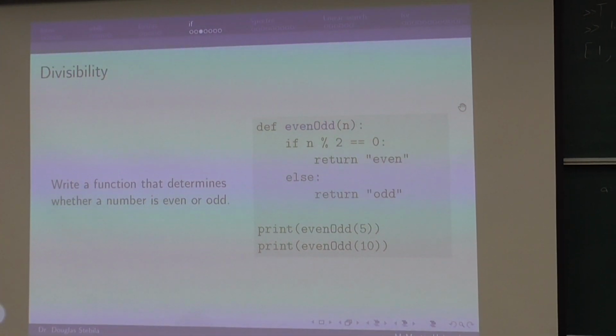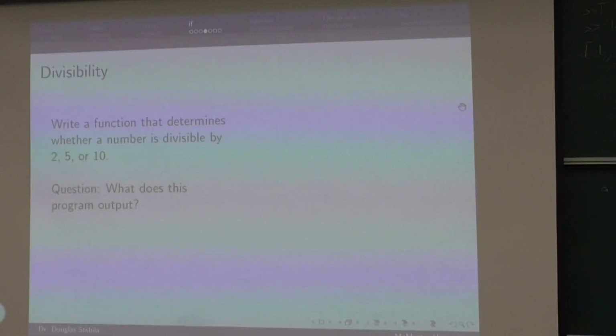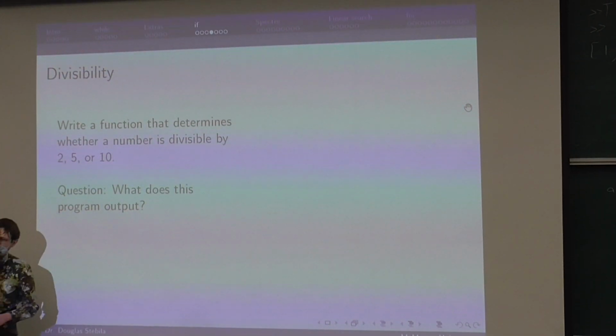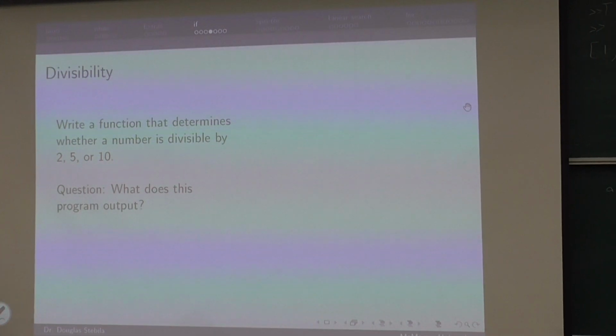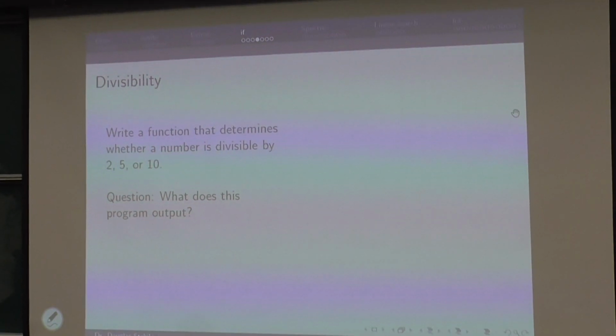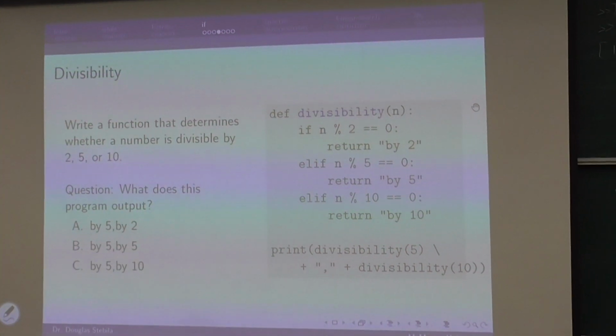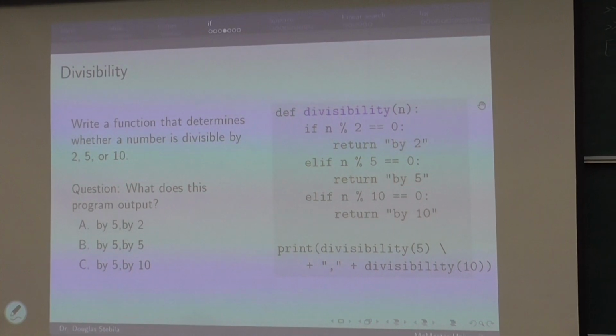But what if we wanted to make it more complicated? What if we wanted an algorithm that would tell us whether a number is divisible by 2, 5, or 10? So, how about this guy? What does this guy output?